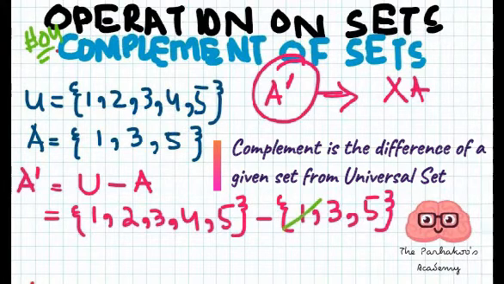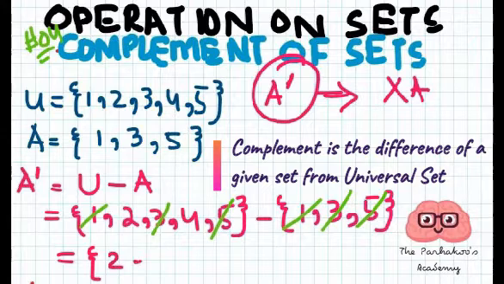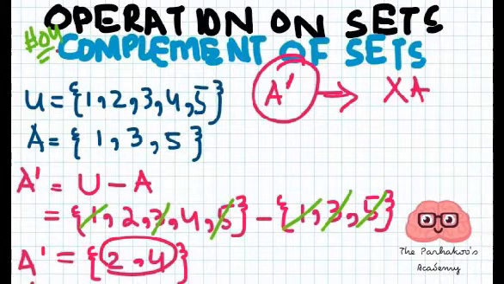So here we have 1 which is common, so let's cut it down. We have 3 which is common, and then we have 5 which is common. So we are left with 2 and 4 in this case. So this is the A complement. That means these are all those elements which are not in A, but they are in universal set.